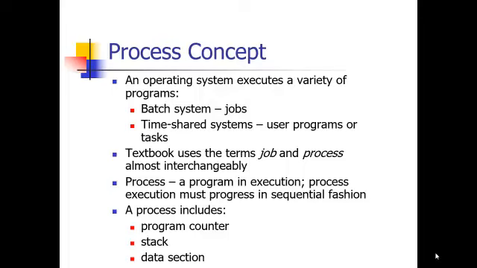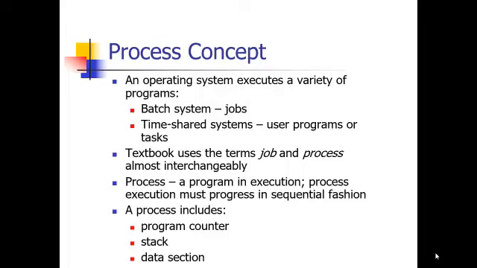Each of these programs should execute properly, and without a delay the users should be facilitated. In the textbook that I have uploaded, you will see the terms job and process used interchangeably.